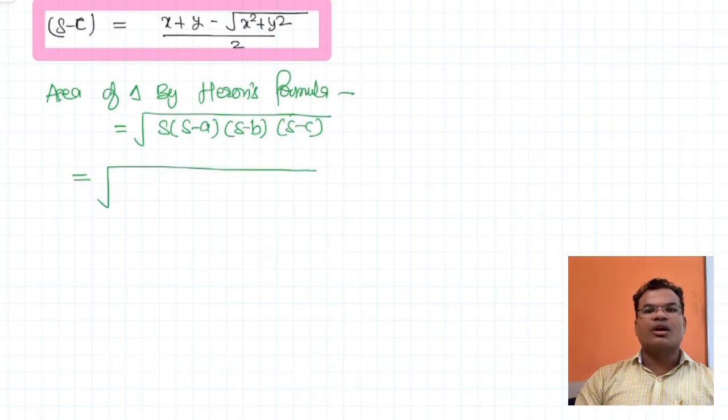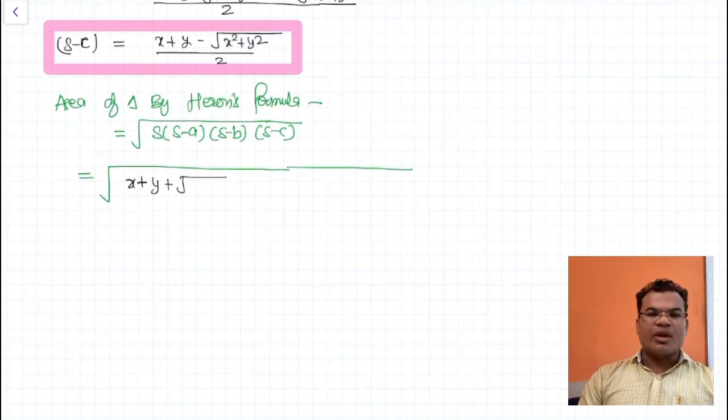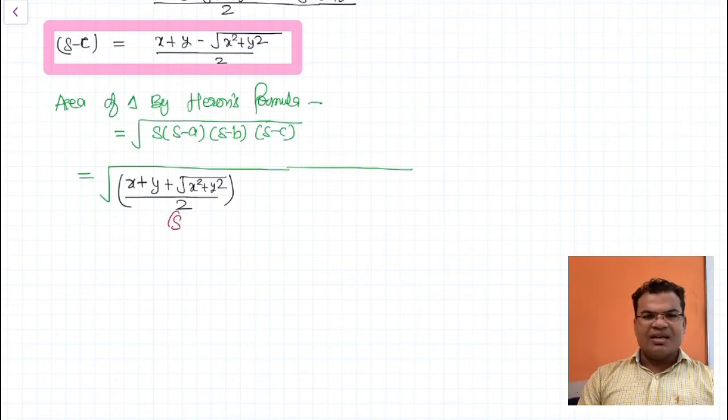There will be 4 brackets here because s is a separate value, s minus a, s minus b and s minus c. So s is x plus y plus under root x square plus y square, whole upon 2. This is in the first bracket, as we know that this is the value of s. So I will put here this separate bracket for this. Second bracket will come here, s minus a.